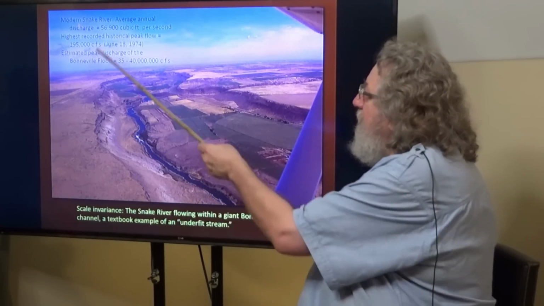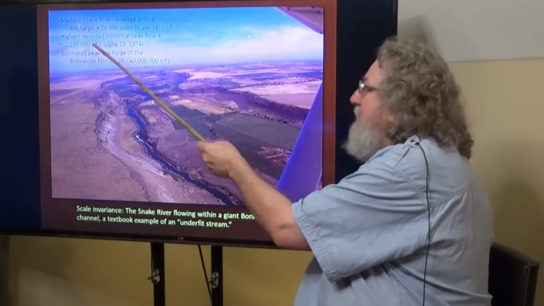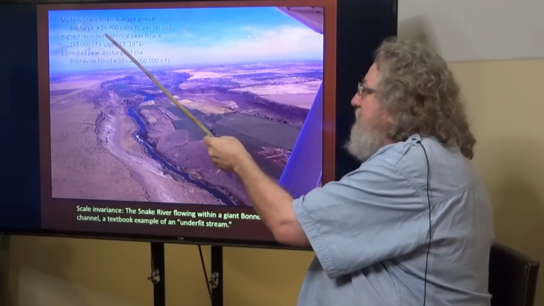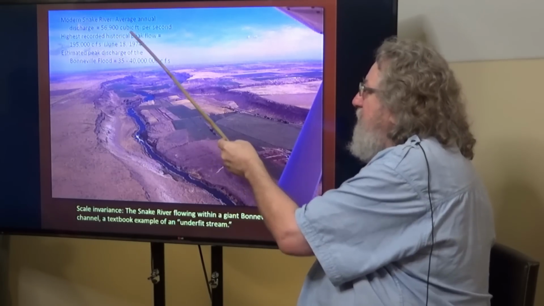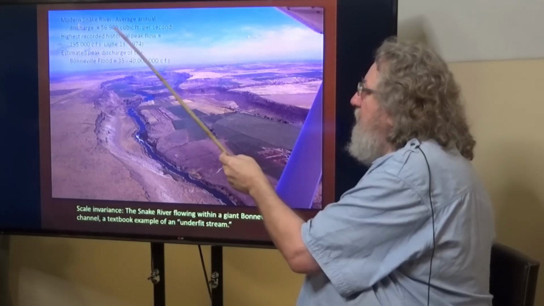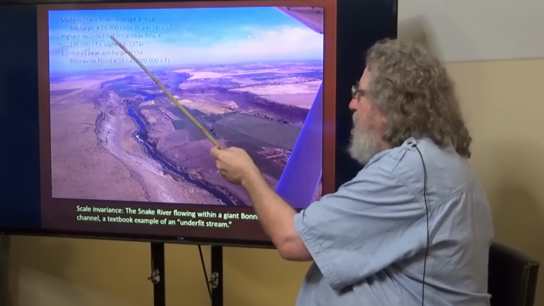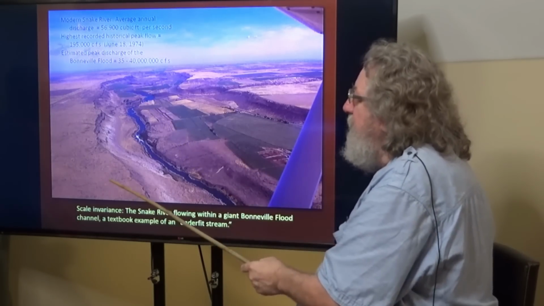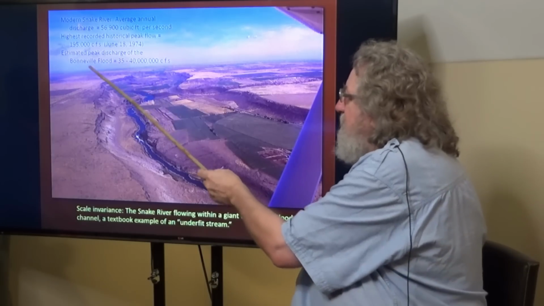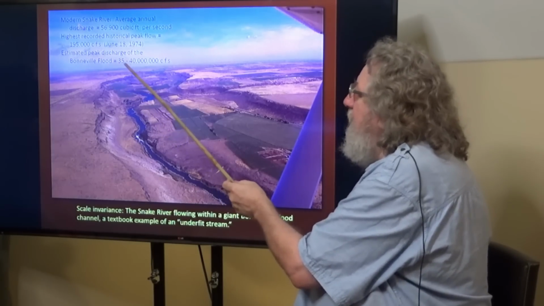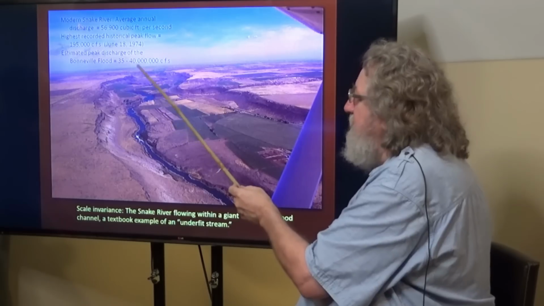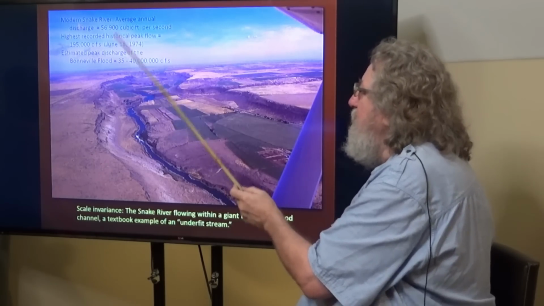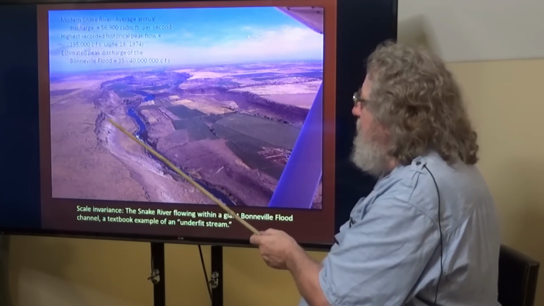And here's the data. The modern Snake River annual average discharge is 56,900 cubic feet per second. The highest ever recorded flow of the Snake River was 195,000 cubic feet per second. The estimated peak discharge of the Bonneville flood, again, the revision of this shows that it may have been up to 41 million cubic feet per second. But you can do the math.